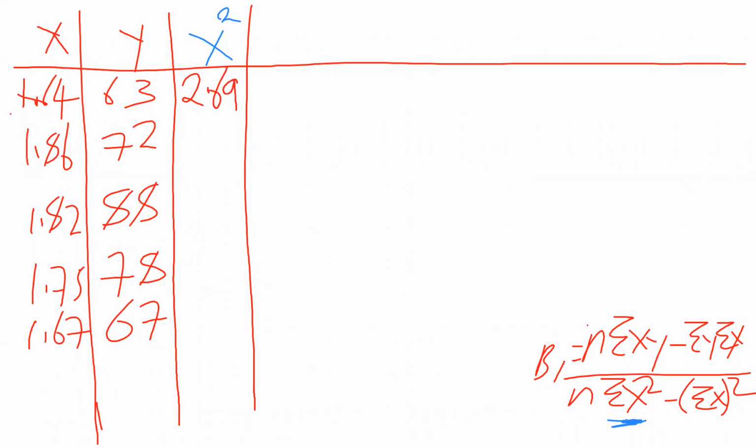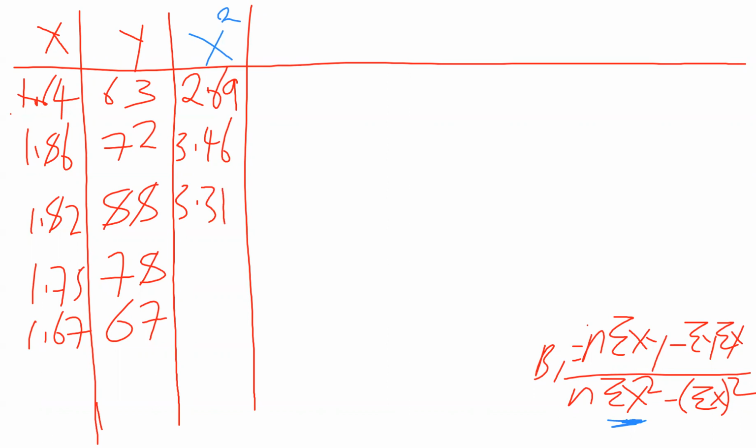Then what is 1.86 squared? 3.46. What about 1.82? 3.31.